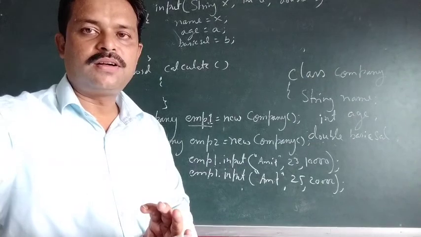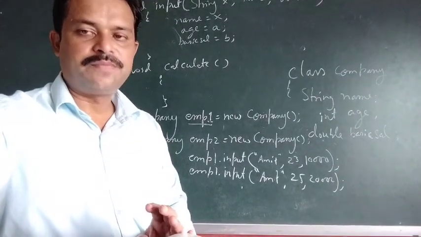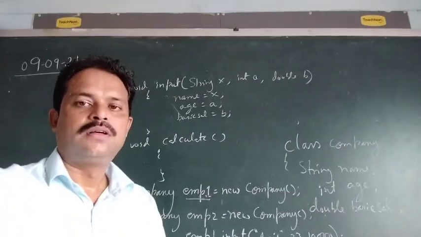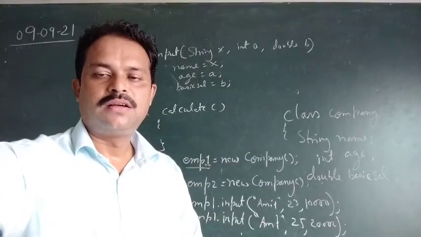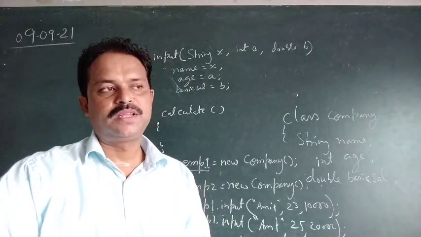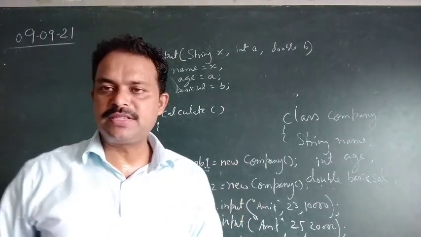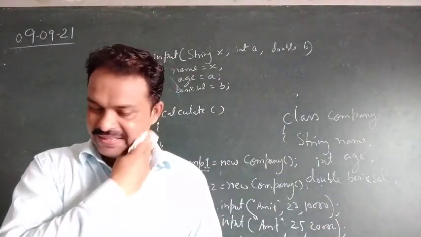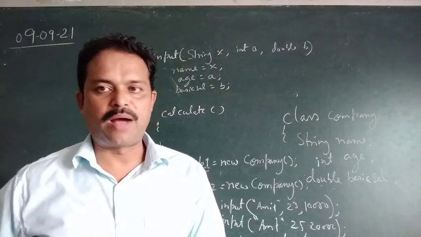So these are the four characteristics of an object. Attributes means the variables which we define. Behavior means the methods which we define. Identity is the name which we give while making the object. And state means the values which we give to the variables. That is with respect to the program.